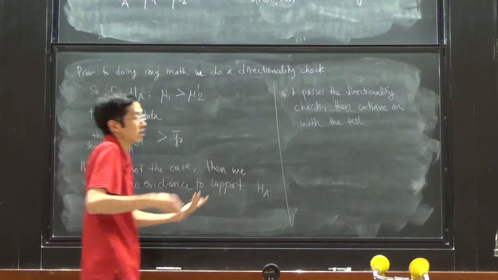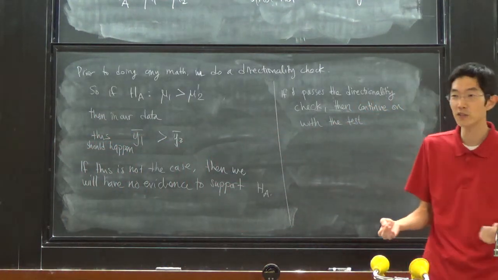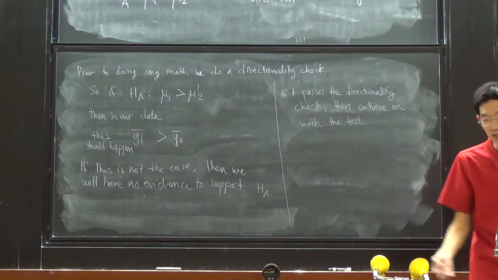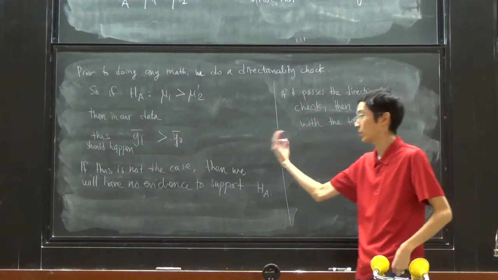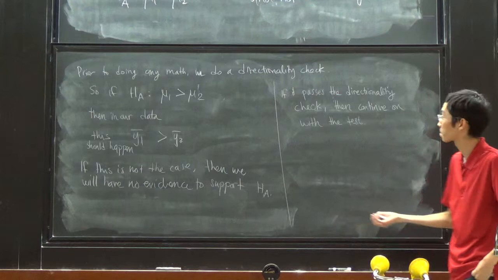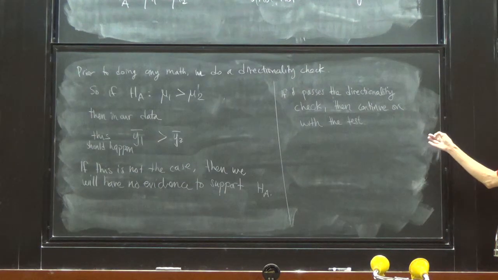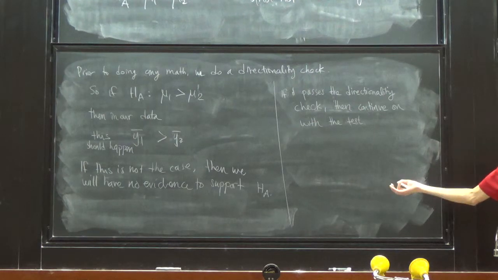Because when we're doing these tests, we're saying, is the difference we observe statistically significant, and does it support the alternative? And if our data doesn't even go in the same direction as the alternative, then there's no point in continuing on. So if it passes the directionality check, then you continue on with the test.